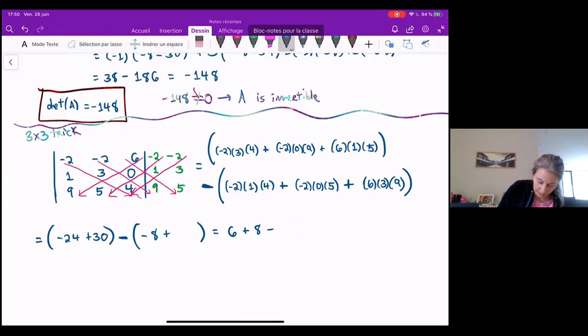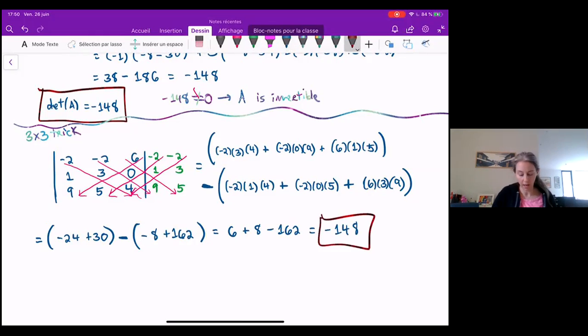So this is plus 162, and that's minus 162, and this does indeed give us negative 148. So we ended up with the same value.